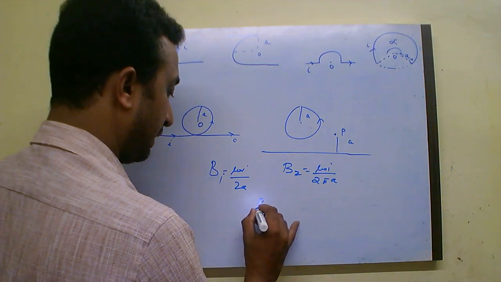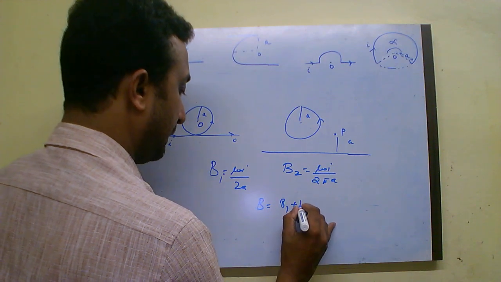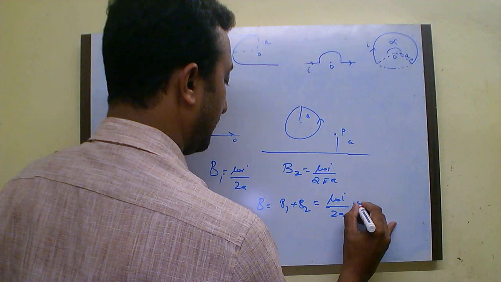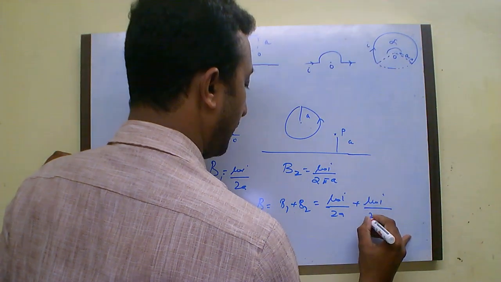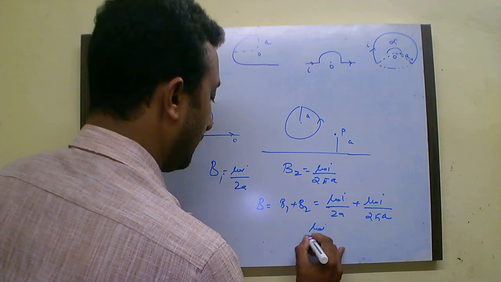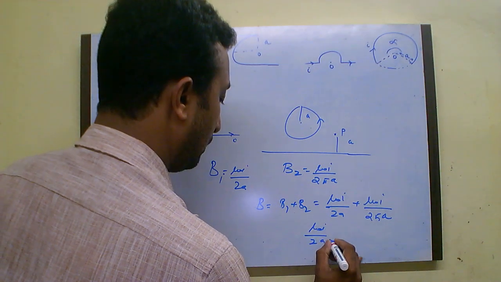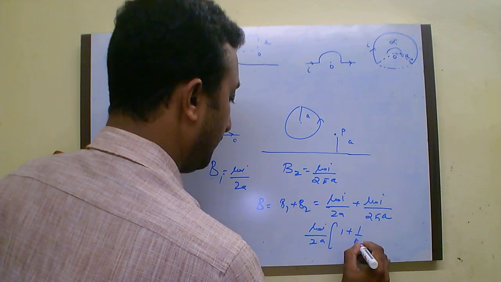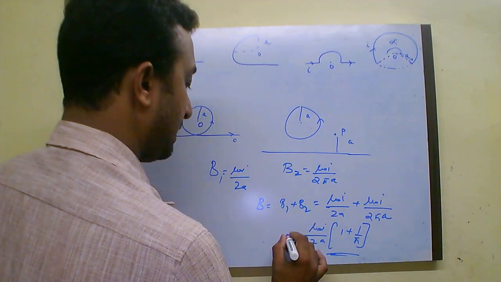So the net magnetic field is B1 plus B2, which is mu 0 I by 2a plus mu 0 I by 2 pi a. You can take mu 0 I by 2a outside, so you have 1 plus 1 by pi as the answer.